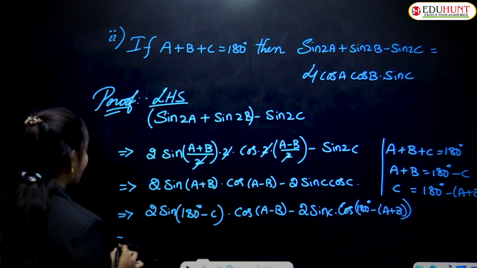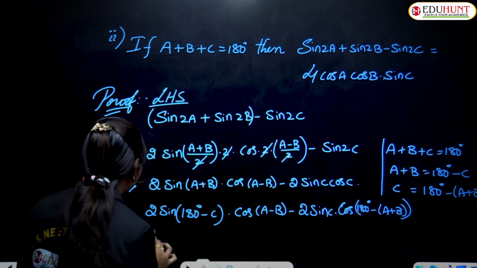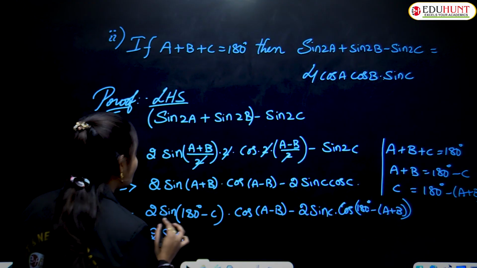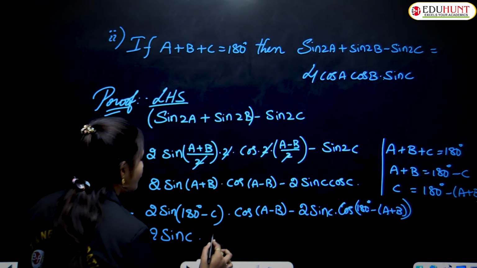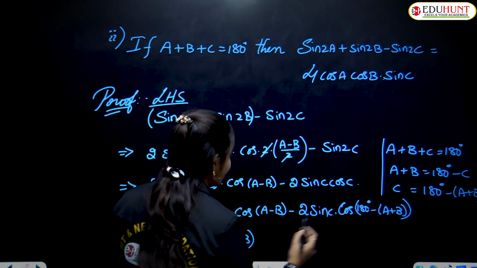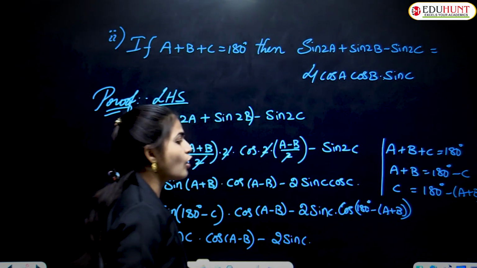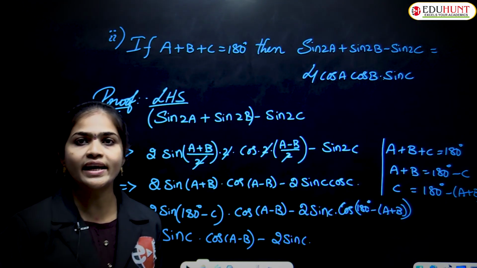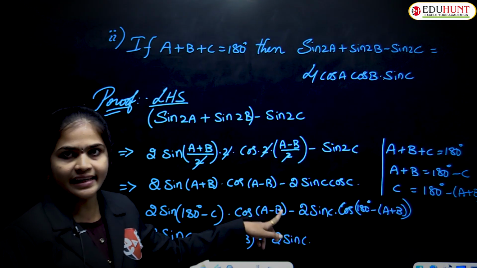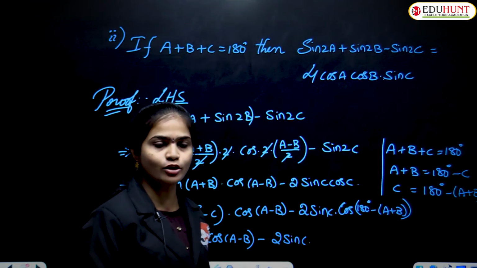Understand? So here again 180 minus theta. 180 minus theta means second quadrant. Again there is no change in the trigonometric ratio and the sign is positive. So 2 sin C into cos (A minus B). And here minus 2 sin C into cos of (180 minus theta). 180 minus theta is second quadrant, and in the second quadrant cos is negative. Here 180 is there, so there is no change in the trigonometric ratio.